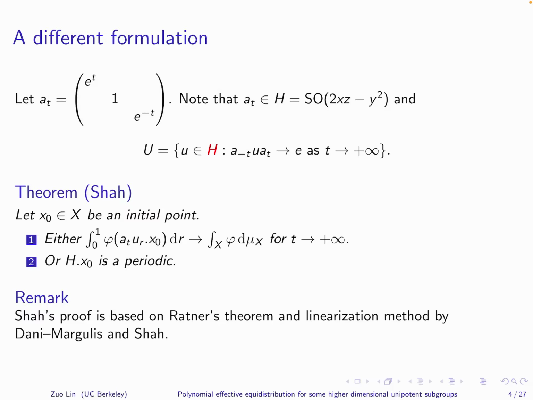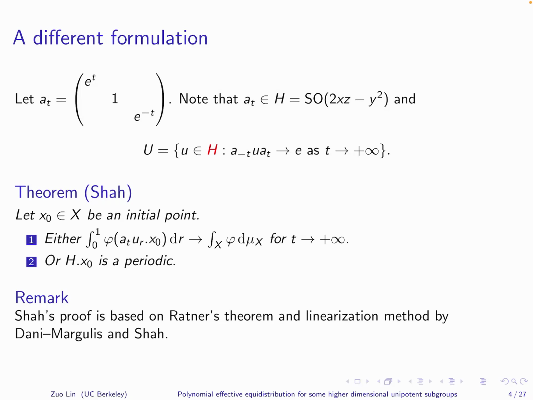Okay, let me just say a quick remark on Shah's proof of this theorem. Shah's proof is based on Ratner's theorem and the linearization methods by Dani, Margulis and Shah. Okay, so that's all for this introduction part.